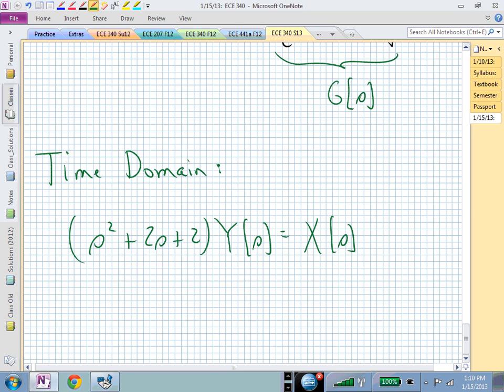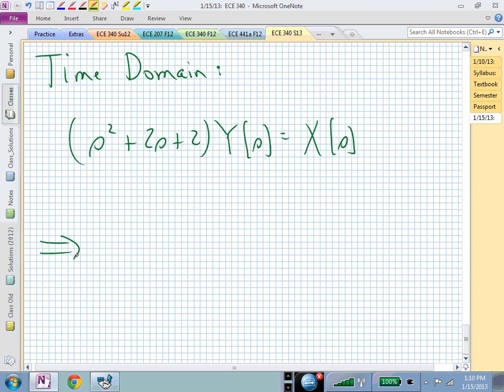So this s squared times y says that's two derivatives, or the second derivative of y with respect to time. This now says that a time domain relationship between the input x of t and the output y of t is y double prime of t plus 2y prime of t plus 2y of t is equal to x of t.